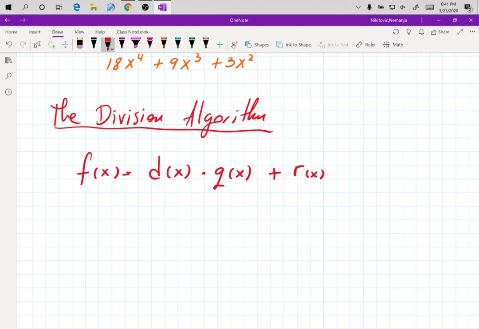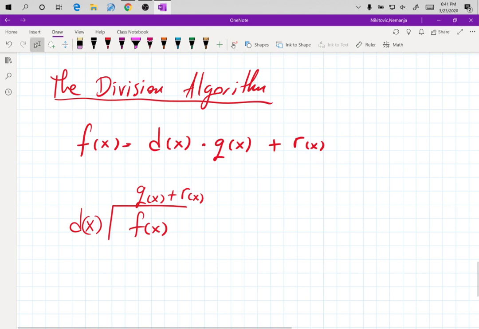It will be d of x divided into f of x that gives you q of x plus r of x. That's how they're organized when you do your division.